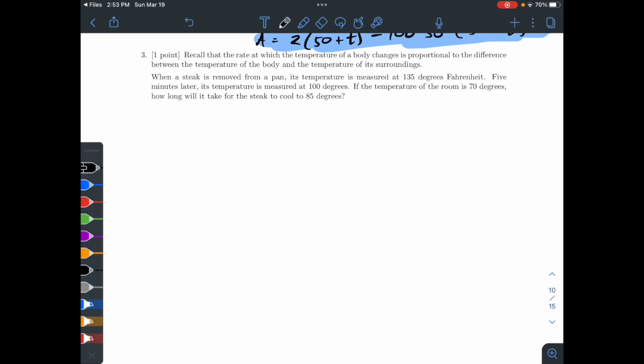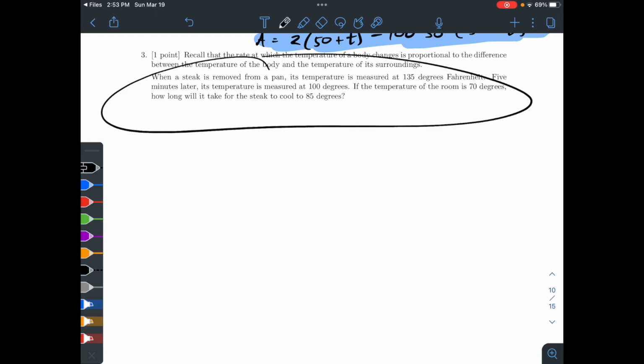If I were to give you a question like this on the exam, I probably wouldn't phrase it like this. I would phrase it closer to what you saw on the quiz when we had this type of problem, where it's like, set up the differential equation and then show how to solve that differential equation. And then once you solve it, use your initial conditions to get an exact answer for the function.